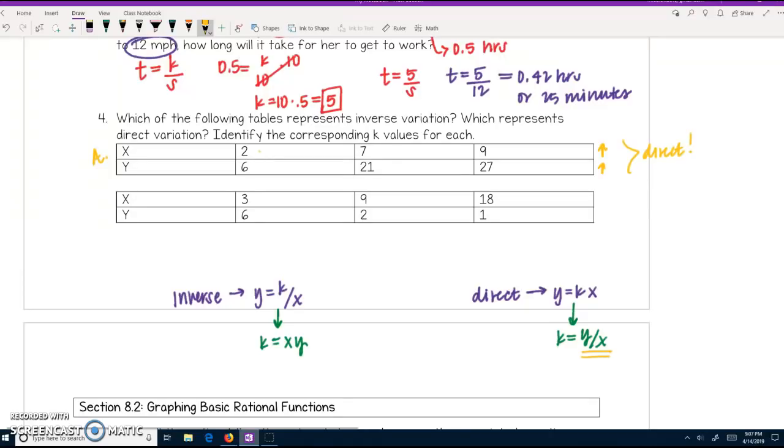So here, y over x is 3, y over x also 3 here, y over x is also 3 here. So my relationship would be y equals 3x, because the k value is 3. So that one is direct. And remember, we can't just assume it's direct if they're both going up or both going down. We do have to check that constant value at each step.